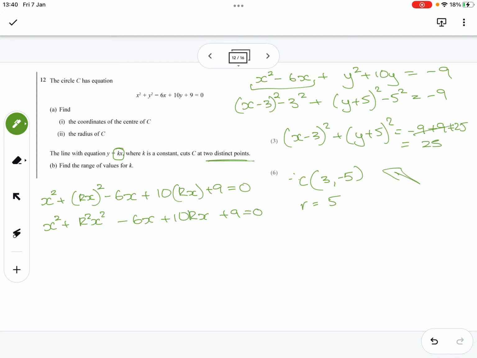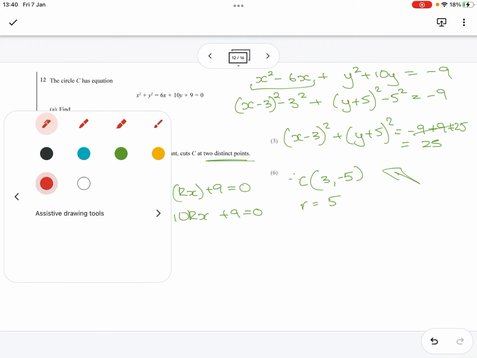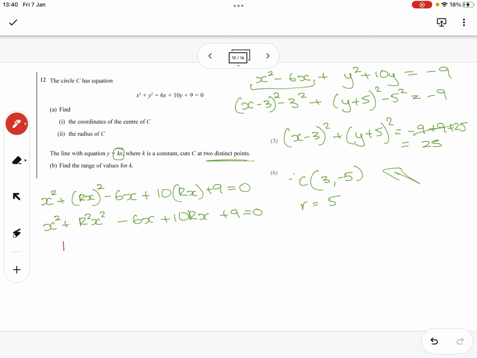Now, 2 distinct points, it's screaming discriminant. So b squared minus 4ac has got to be greater than 0, not greater than or equal to, just greater than 0 for 2 distinct points.